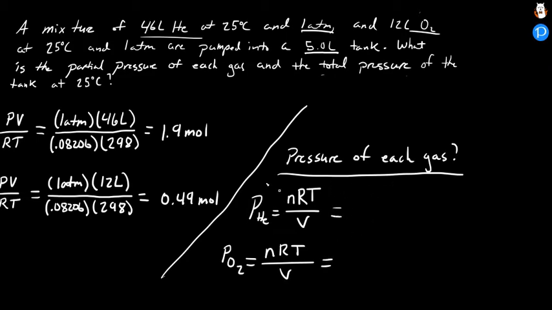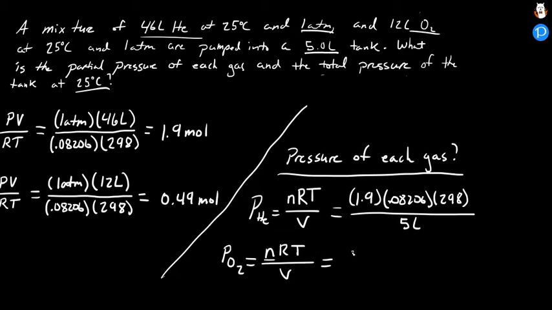So what do we got here? We said 1.9 for helium, so 1.9 times 0.08206 times the temperature, still 25 degrees C, so 298 Kelvin, divided by now 5 liters for the volume. Same thing down here, except my number of moles is 0.49.